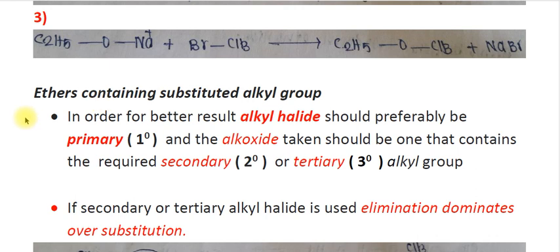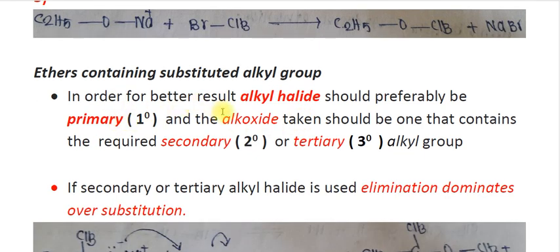The next condition is that we want to prepare an ether which contains a substituted alkyl group. What precautions or conditions should one follow to form such an ether? For a better result, the alkyl halide should preferably be primary, and the alkoxide taken should be the one that gives the required secondary or tertiary group.